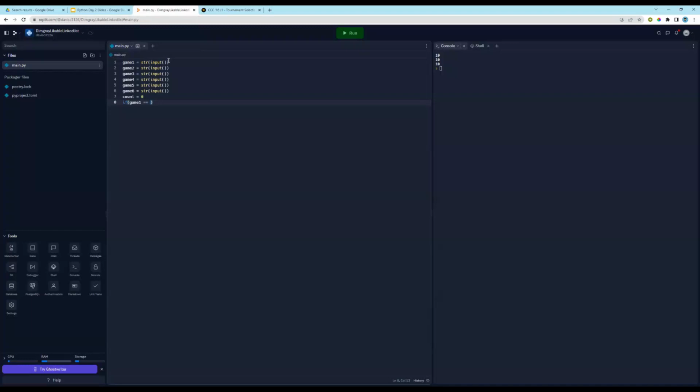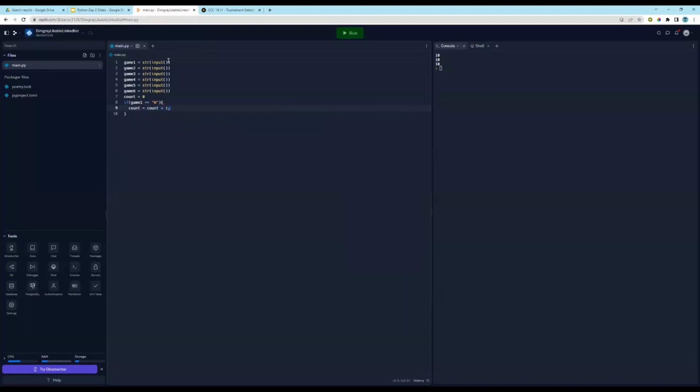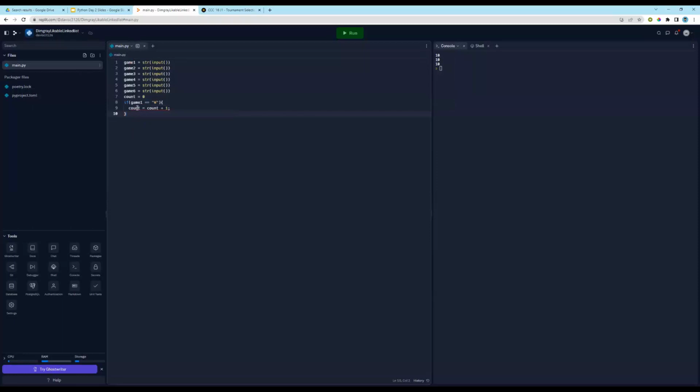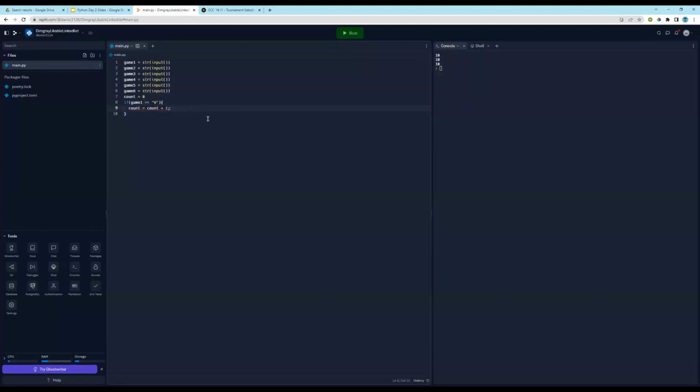So we're evaluating if this is a W, so if this is a win, then we do count equals count plus 1 because we're adding 1 onto our count. That's valid syntax. Oh, this should be right.